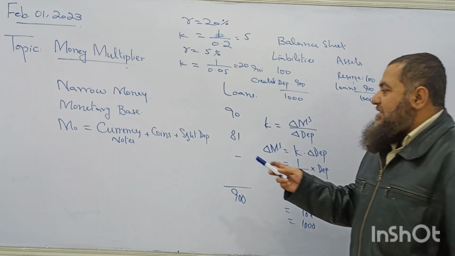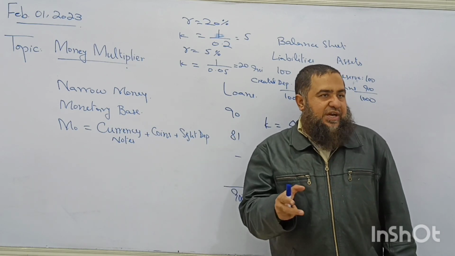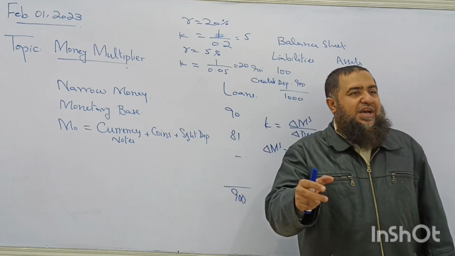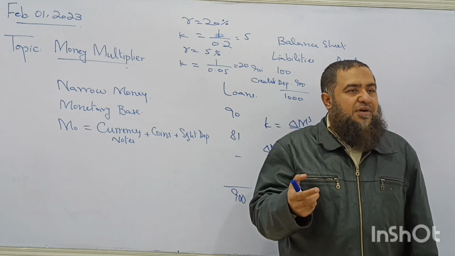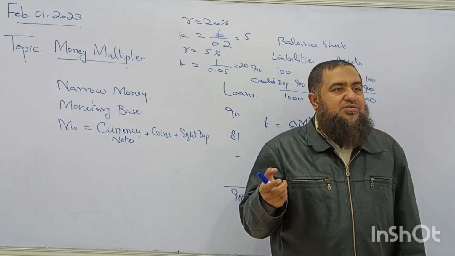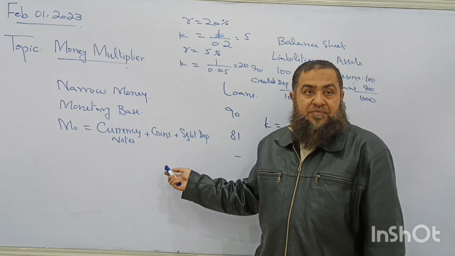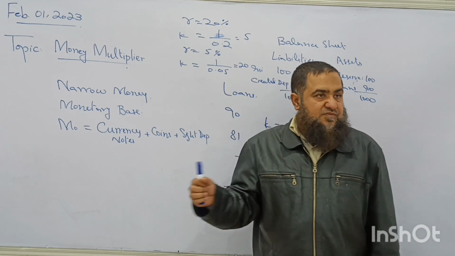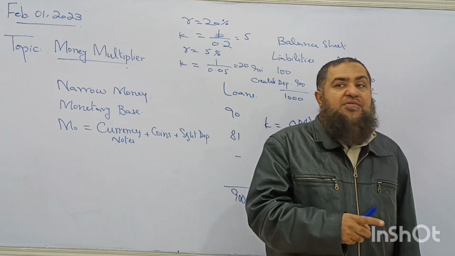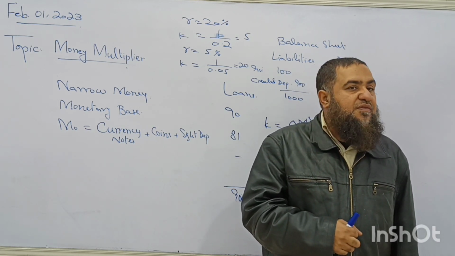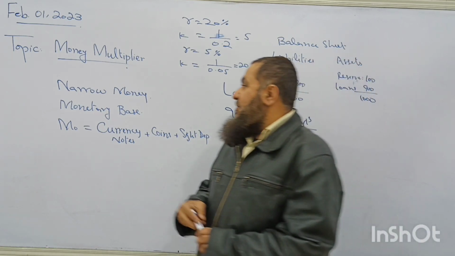Either it is present in your account and by using an ATM you can withdraw your cash, so it is ready cash available with us, or easily withdrawn from the bank, or easily converted into cash. We say this is called narrow money or monetary base. Follow my point? So it performs a function of medium of exchange. It is not used for store of value.